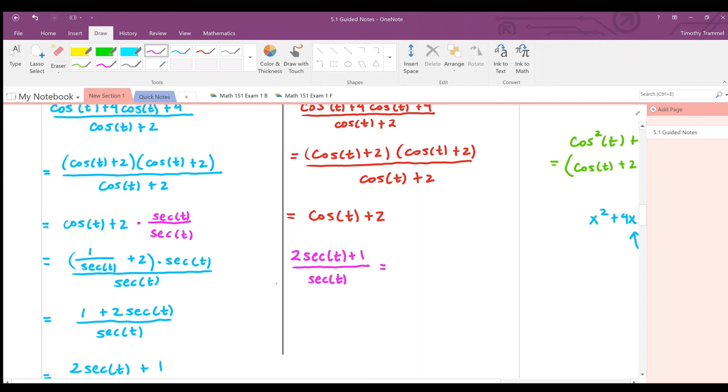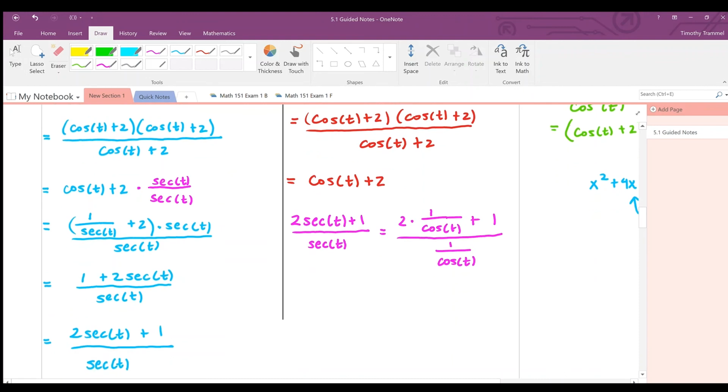Sometimes all it takes to simplify things, or at least see what to do next, is just rewriting things in terms of sine and cosine. So if we wanted to, we end up here.